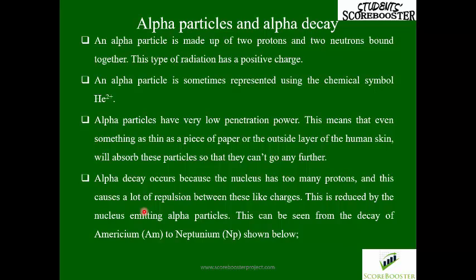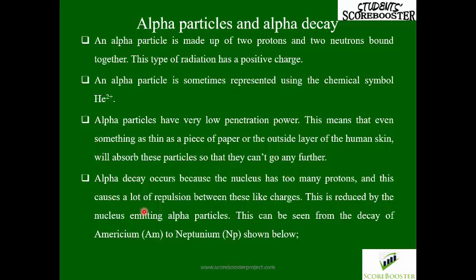What is called penetration? Penetration power is just the measure of how deep a substance can penetrate into another substance. As low as the penetration power is, even a piece of paper can stop it from penetrating.